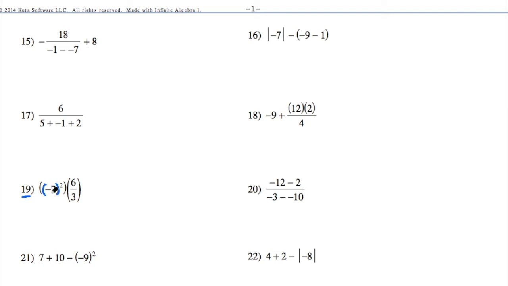We can't really do much inside there, but the next thing we can do is work out and do the squaring, the exponent of 2 there. So -7 to the second power is -7 times -7, or +49. I'm going to throw it inside the outer parentheses there, and then I can do this at the same time. While I did that work there, I can do this parentheses. 6 divided by 3 gives me 2. Okay, we've got those both in parentheses. Now we can multiply them to get 98.